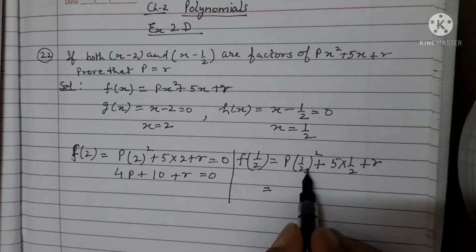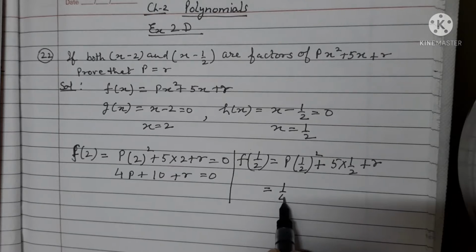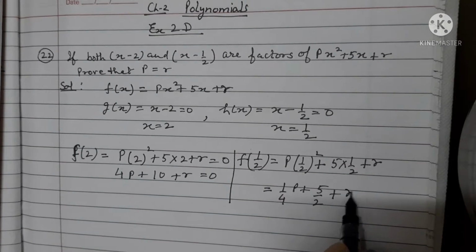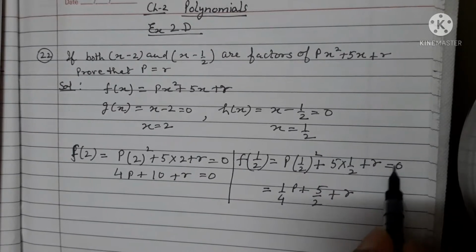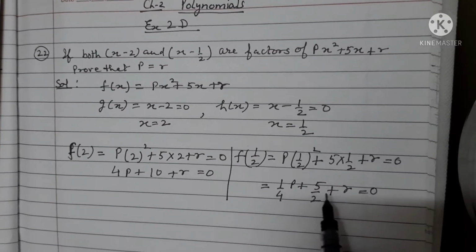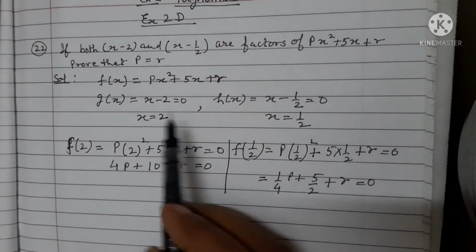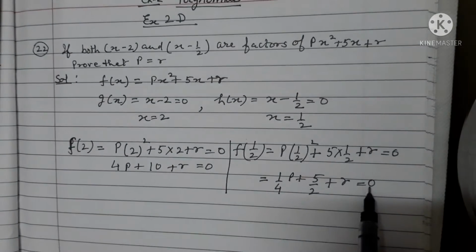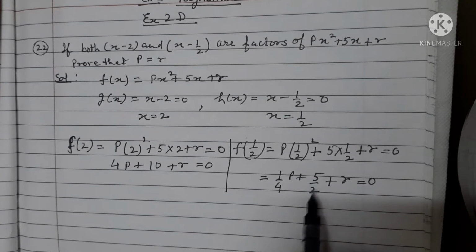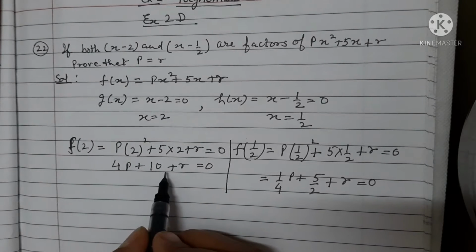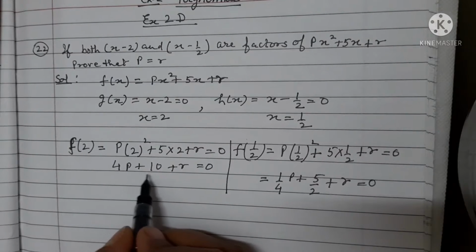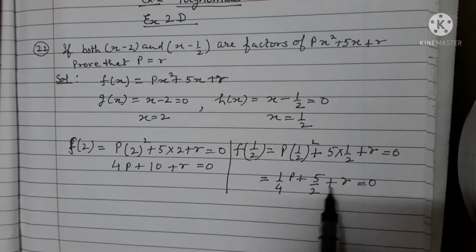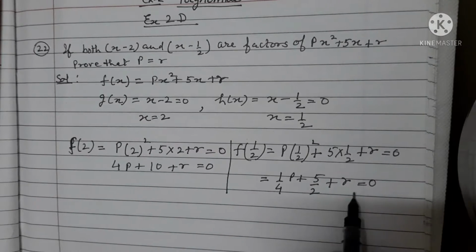This is equal to 1 upon 4 p plus 5 upon 2 plus r is equal to 0. Because both are factors, the remainder will be 0.